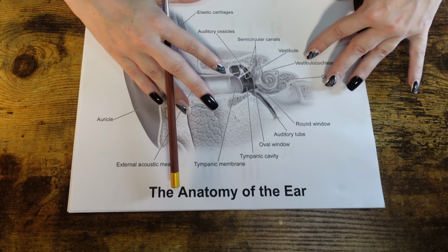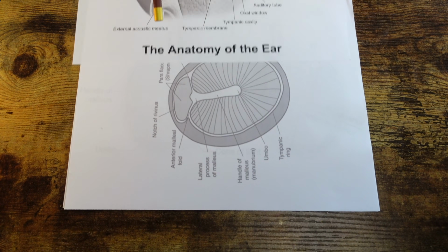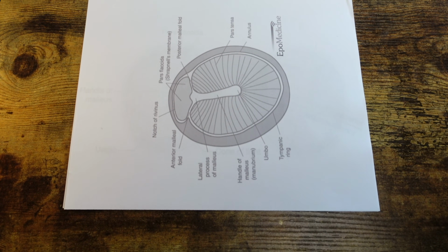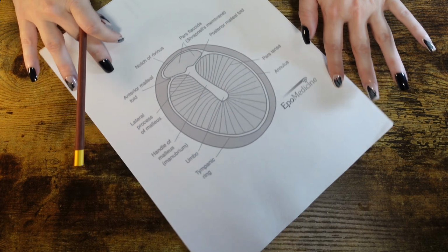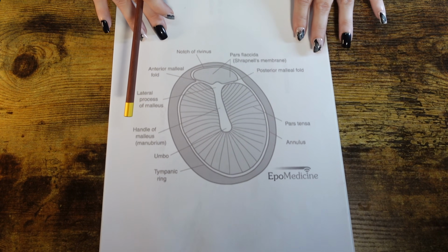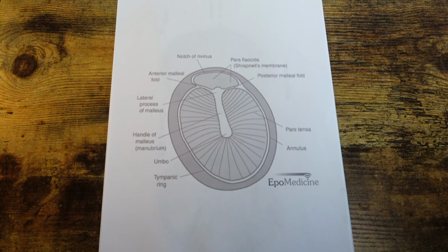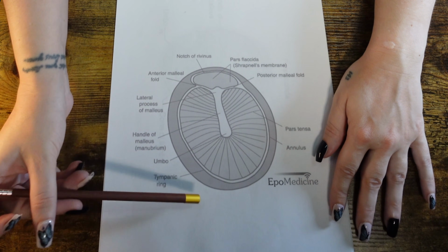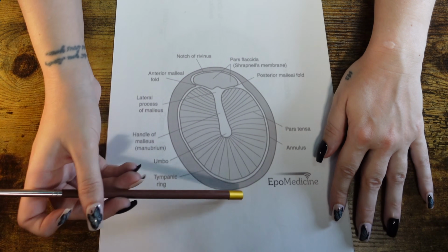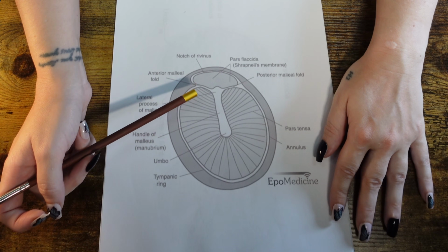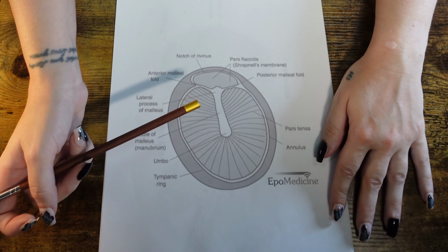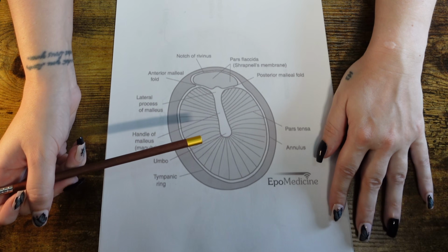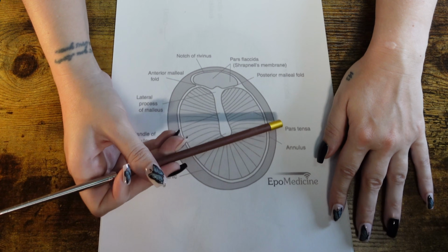All right, and here we have a fairly simple illustration of the tympanic membrane with more detailed labeling of the anatomy of the eardrum.